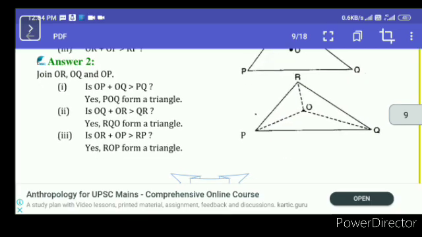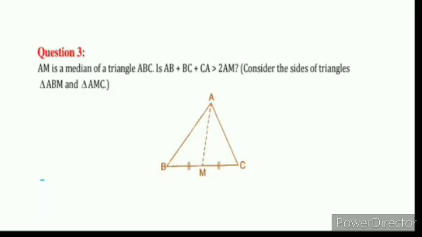Further, draw this figure. Question 3. AM is a median of triangle ABC. Is AB plus BC plus CA greater than 2AM? Consider the sides of triangle ABM and triangle AMC.